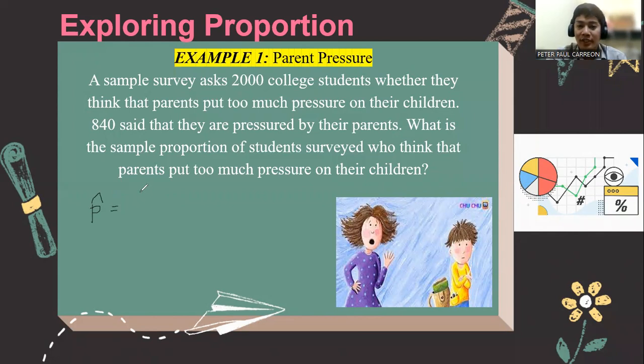That is capital X, which is 840, the favorable response, over small letter n, which is 2,000. Using your calculators, you can divide 840 by 2,000, and you will get the decimal equivalent, which is 0.42. As I've told you, we can transform 0.42 into its percentage form, so that is 42%.